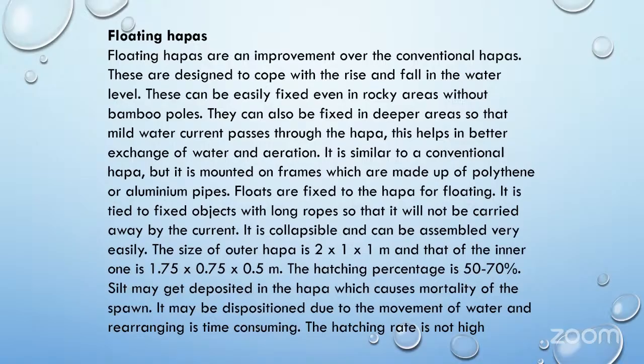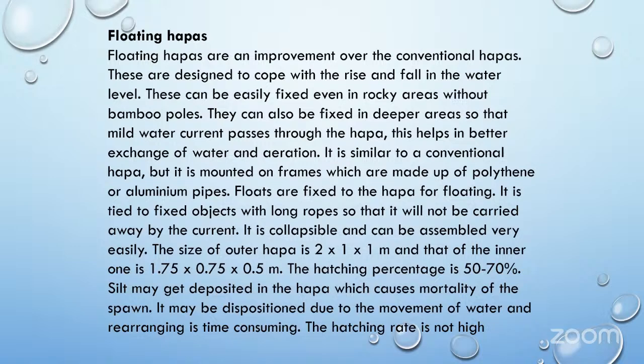It is similar to a conventional harpa, but it is mounted on frames which are made up of polythene or aluminum pipes. Floats are fixed to the harpa for floating.